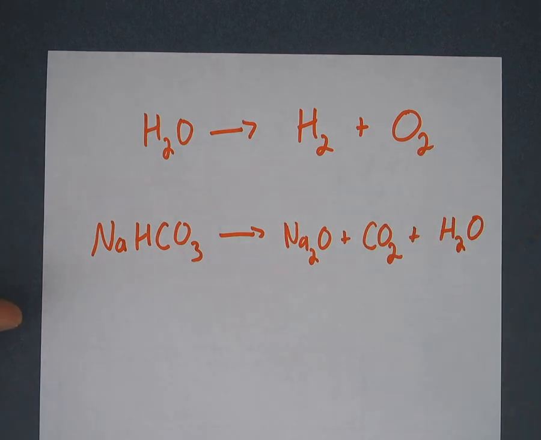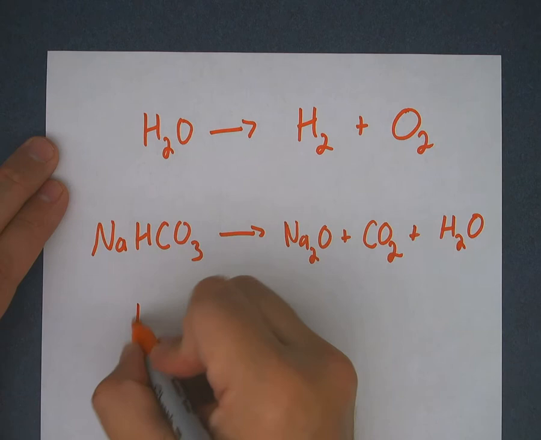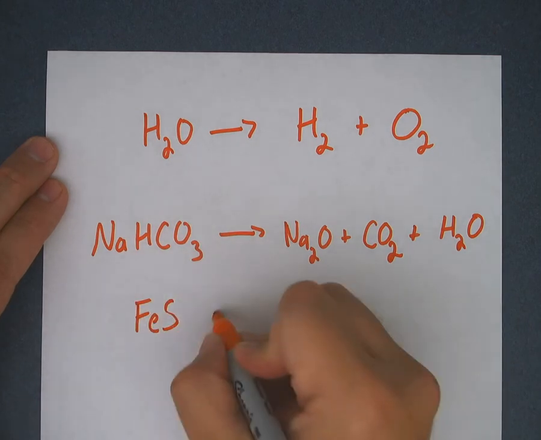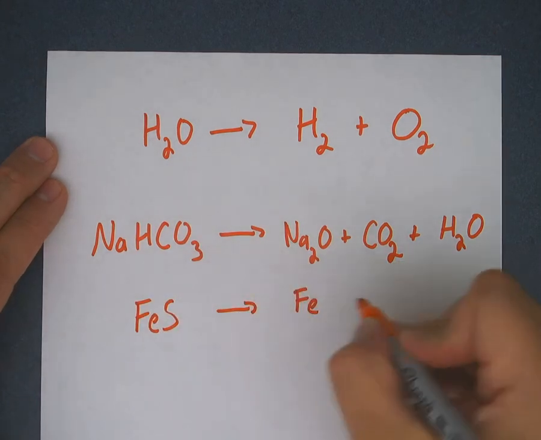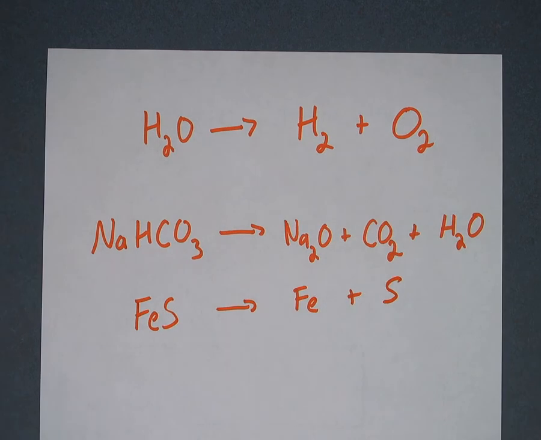So you don't have to break down into elements. It's common, though. You could take iron sulfide and break it down into pure iron and pure sulfur. That would count as a decomposition, but it doesn't have to be elements. All right, 40% done with today's notes.